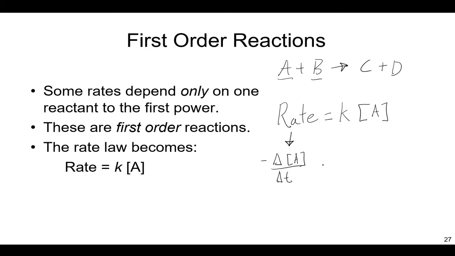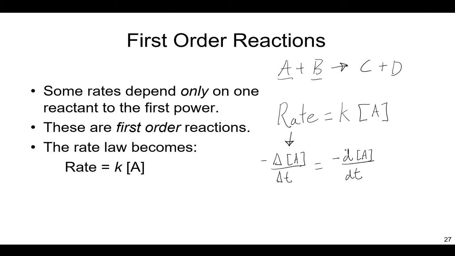We defined that last time. If you know something about calculus, which we're not going to require the full integration here, so don't be too alarmed, this is essentially equivalent to dA/dt. Negative dA/dt is negative delta A over delta t, so the change in A over the change in t.